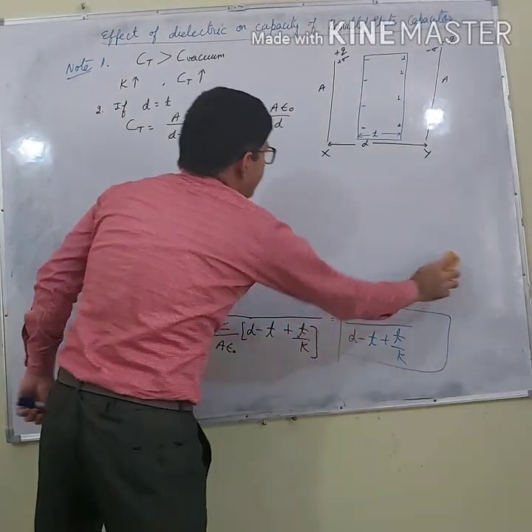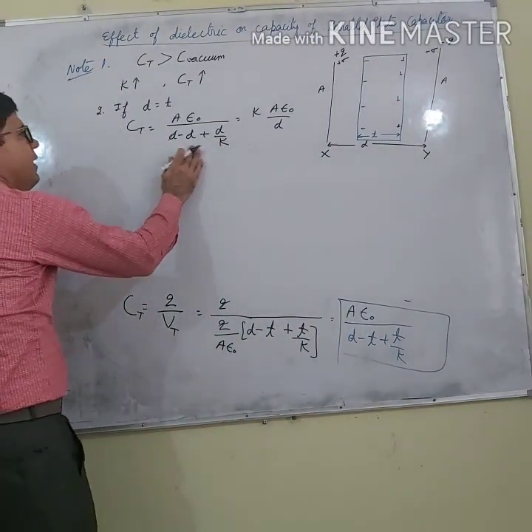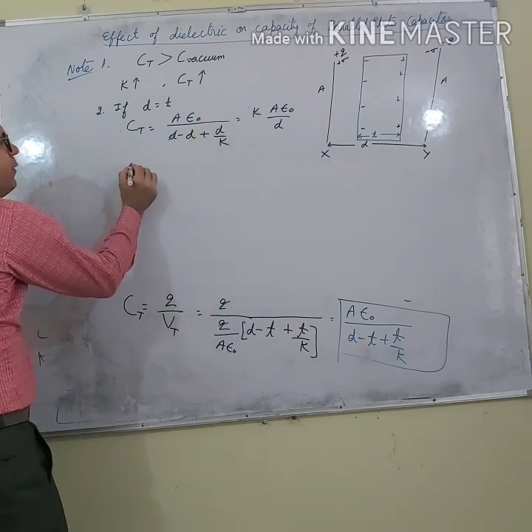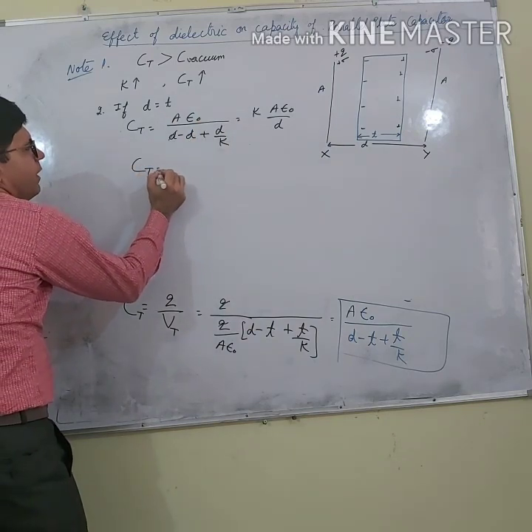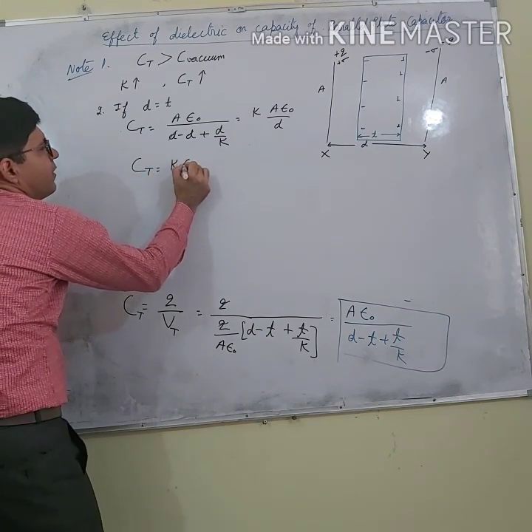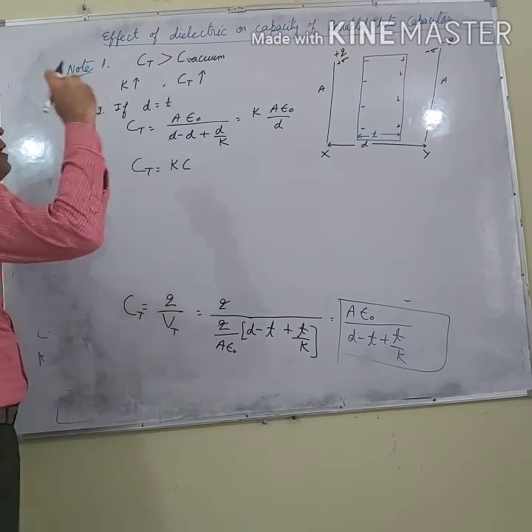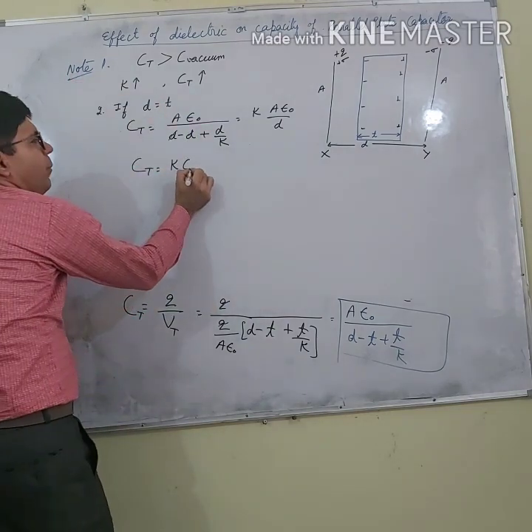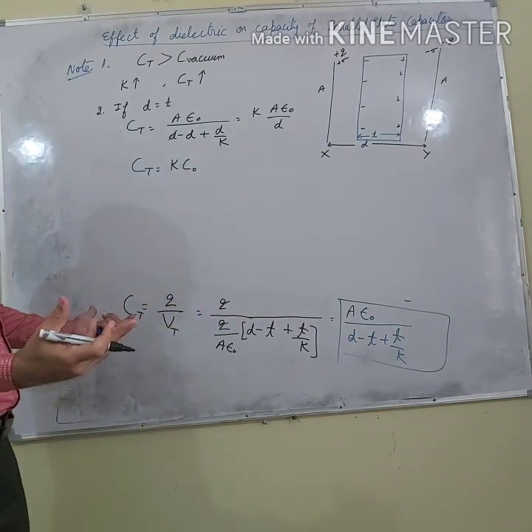If the dielectric slab is completely placed between the plates of the parallel plate capacitor, the total capacity becomes K times the capacity when no medium is present between the plates.